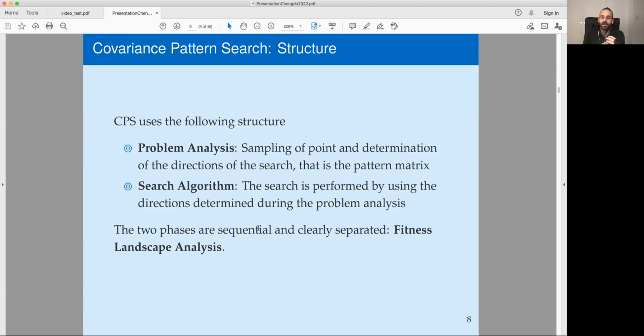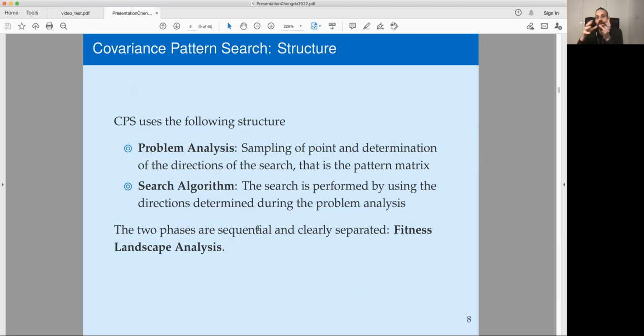So when we run the algorithm, we actually run a pre-algorithm, which we call problem analysis. And what do we do during this phase? We sample points within our domain, and out of these points, we can make an analysis of the problem, and we can find out some special directions for the pattern search.